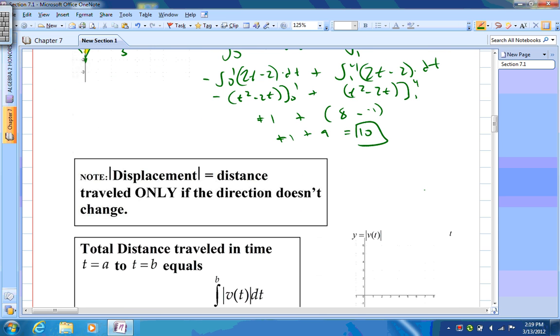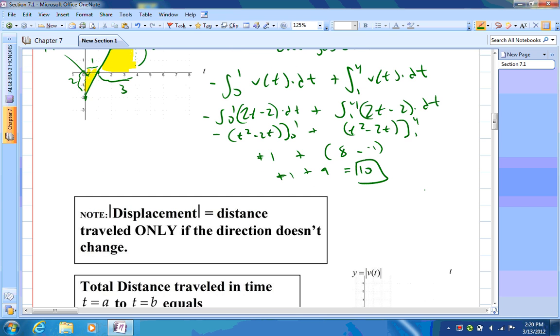Another thing that you want to take note of is that the absolute value of your displacement will equal distance traveled only if the direction doesn't change. So another way we could have done this is to take the absolute value from 0 to 1, taking the absolute value of all that, and that would have been the distance traveled in that direction.